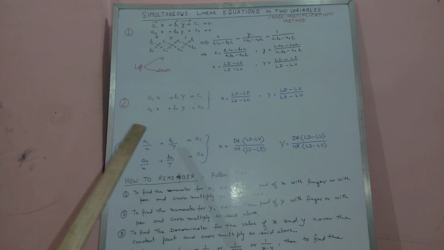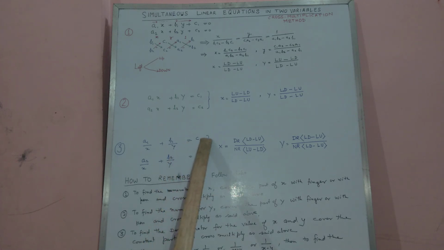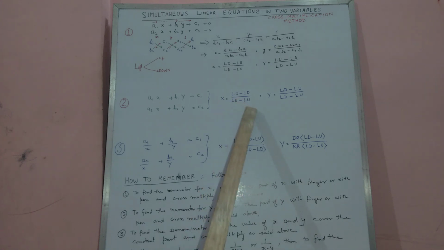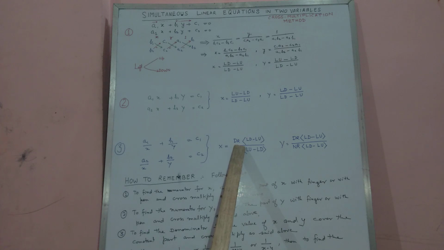Now sometimes you may get a question like this: a1 upon x plus b1 upon y is equal to c1, a2 upon x plus b2 upon y is equal to c2. In that case, to find the value of x directly, you just invert: the denominator part goes up and the numerator part comes down, because here it is 1 upon x.